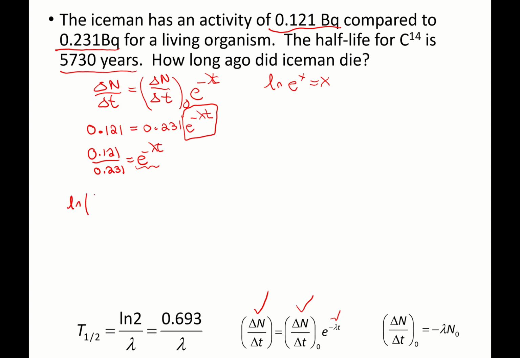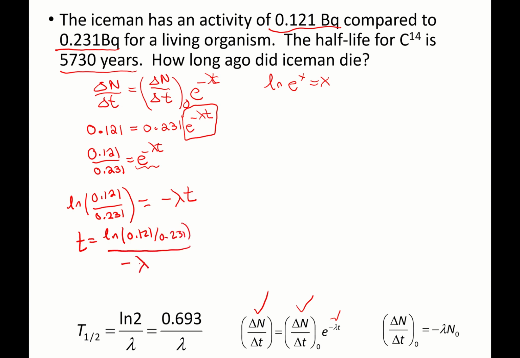So the natural log of 0.121 over 0.231 is equal to, on the other side, minus lambda times t. And now I'm ready to get my t, right? So the t is just going to be this natural log divided by minus lambda. So t is going to be equal to natural log of 0.121 over 0.231 divided by my minus lambda.